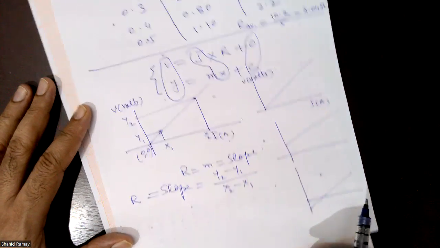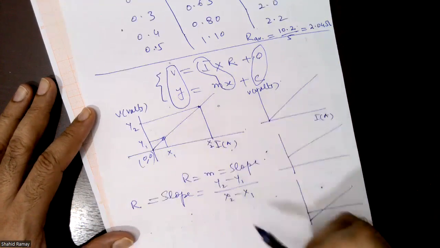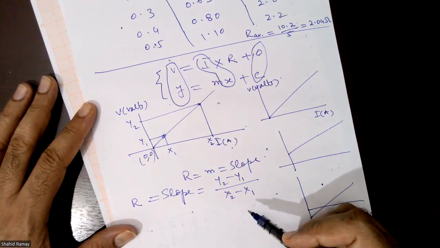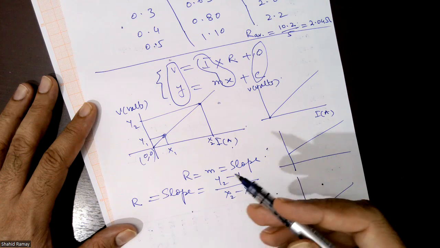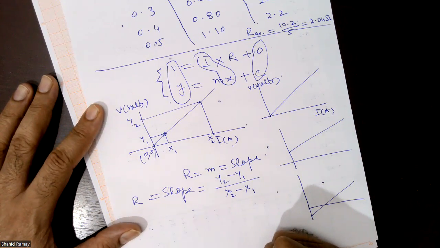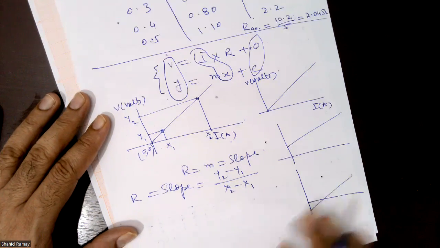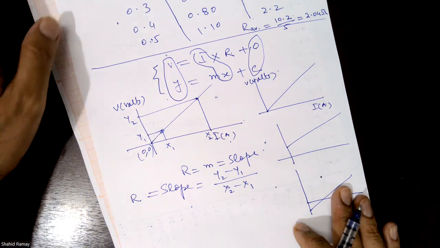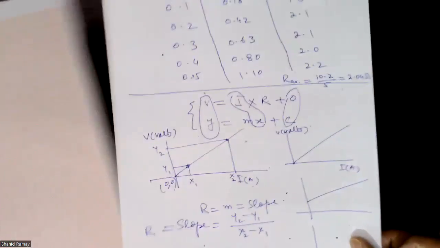Now the question is how to draw this line. Before drawing this line, first we draw the points and draw the line. But before, we will take the scale on the graph paper. So this is the question. You know that the graph paper is like this one.